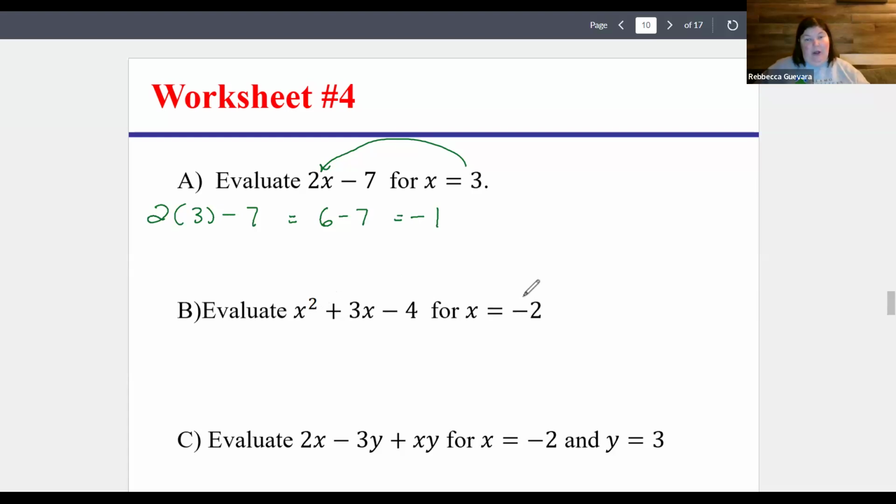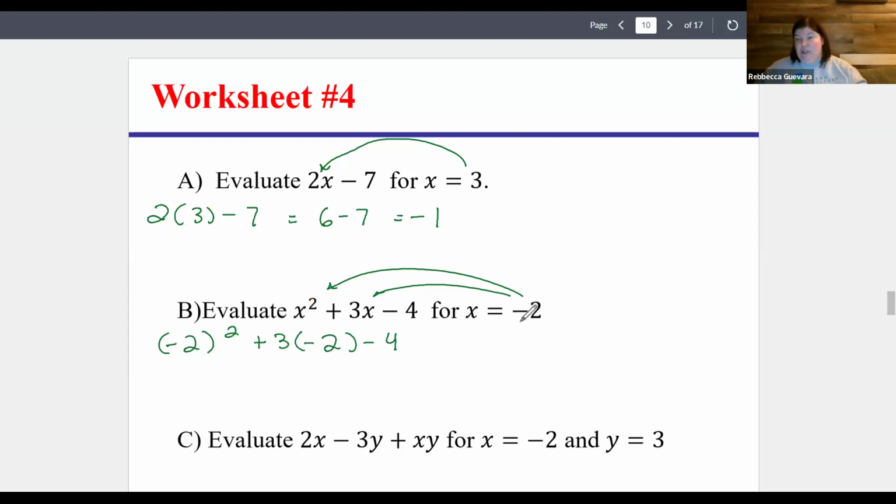So for B, all my x's are replaced with a negative 2. So any place I have an x, I'm just going to put some parentheses there. And know that what we're doing is all these places are now like empty spots, and we're just putting something in there so that empty spot is filled with a -2, because that's what we said it can be.